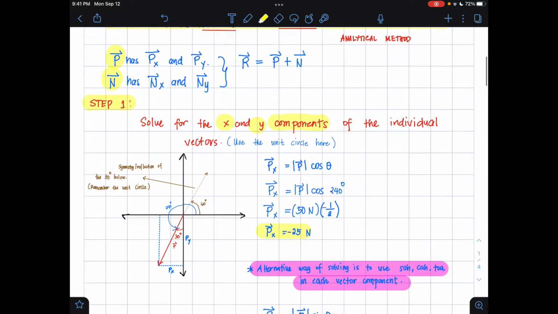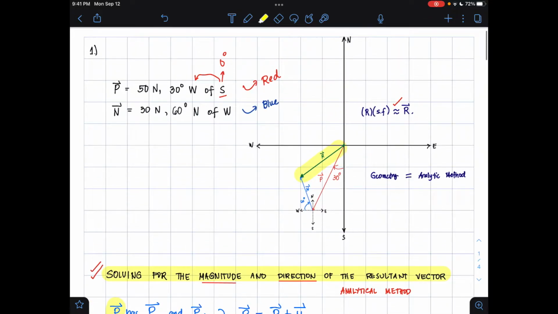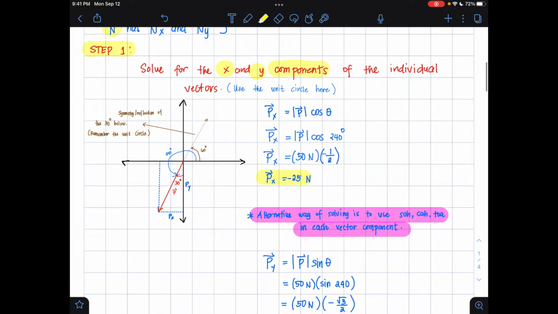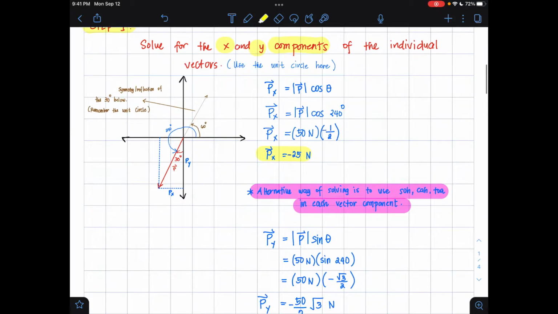It means you will plot individual vectors first. If you started with vector P, you must have a separate illustration of your vector P, and from there you resolve the x and y components. Unfortunately I can't erase it. So this is the plot of your vector P here.